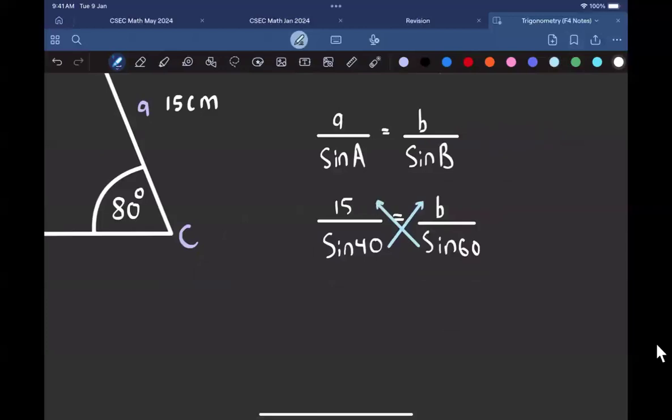Rihanna, if I cross multiply this, how would I write that? 15 sine 60 is equal to B sine 40.